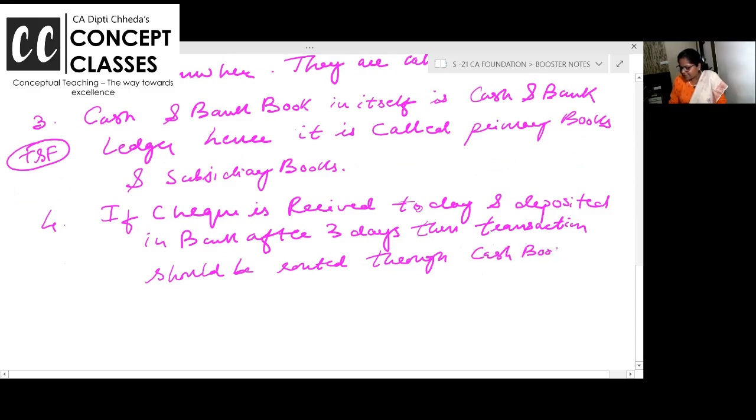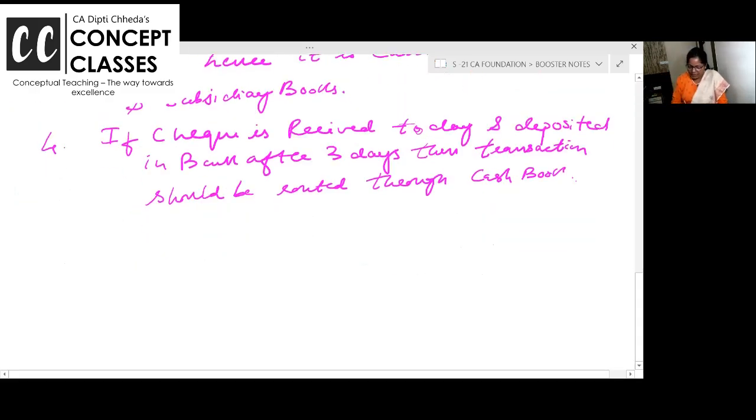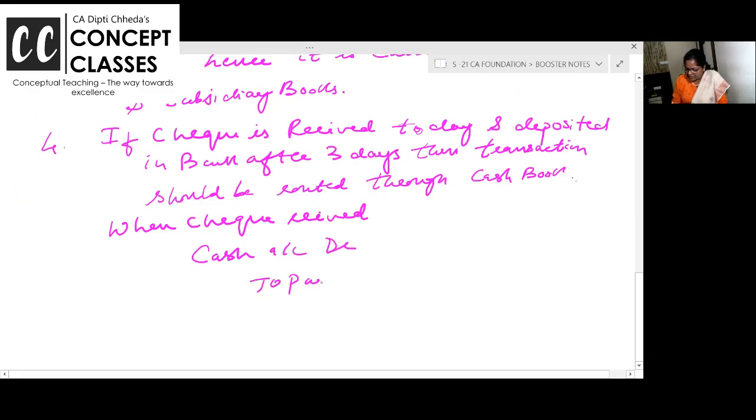You know kaise? How will you do? When you receive the check, cash account debit to Srijan. When you deposit in the bank, cash account credit, bank account debit. When check is received, write down: cash account debit to party. No cash is coming in, but this is the check in hand.